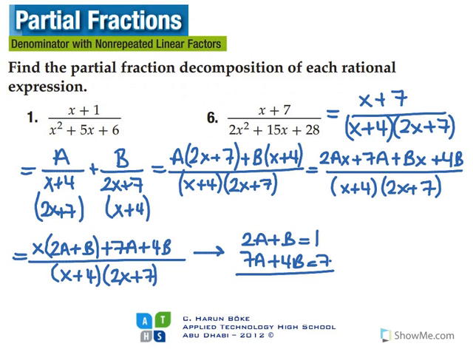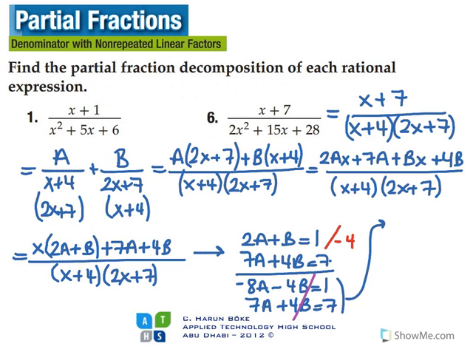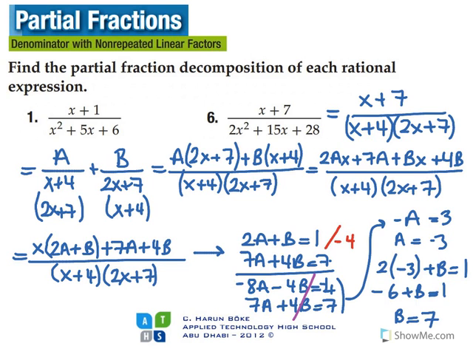Now solving this system of equations, minus a should be 3, so you have a to be minus 3. Hence, if you substitute into the first equation, you will have b to be 7.